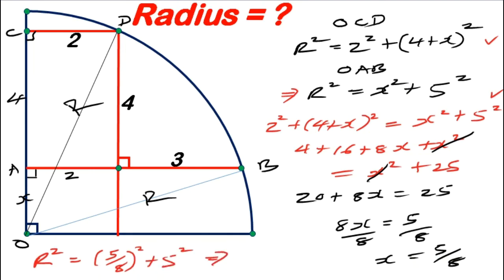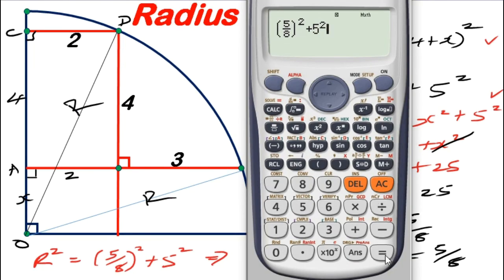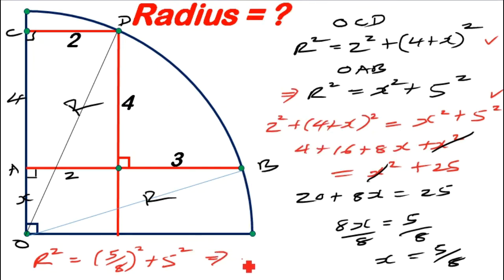When you go to the calculator, R squared is equals to 1625 over 64. If you get the square root of the answer, you get R equals 5 root 65 over 8. So the radius R is 5 root 65 over 8.